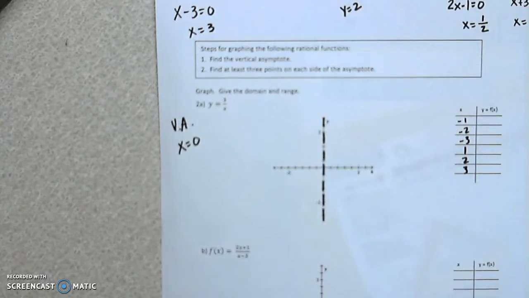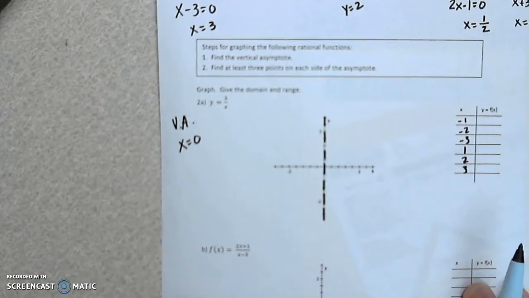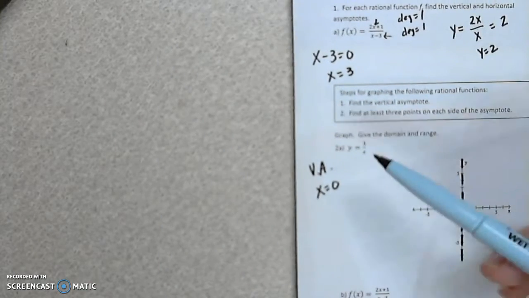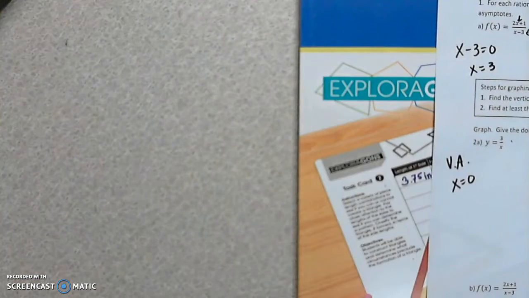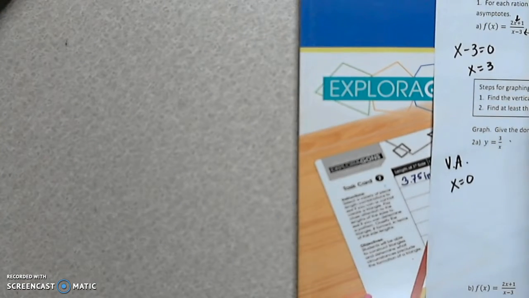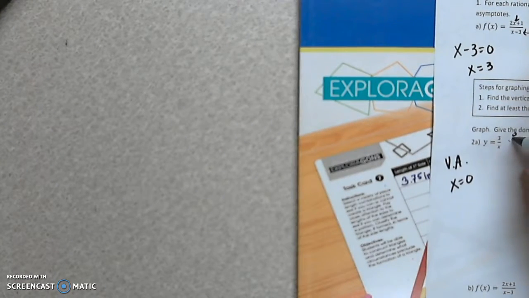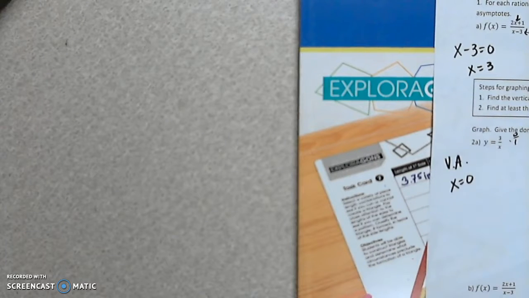Alright, then we can also look for a horizontal asymptote. I'm looking at the degree of the numerator. There's no variable in the numerator, so its degree is 0, and down here it's 1. So the degree comes from the variable.